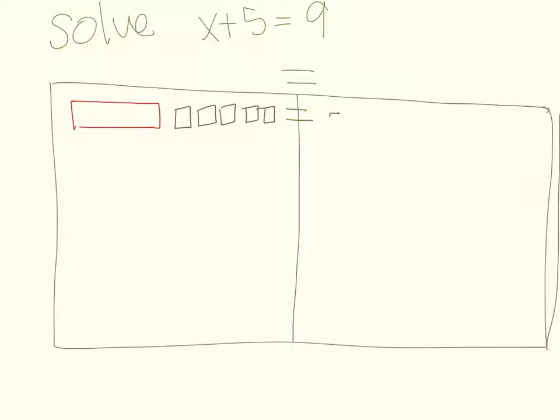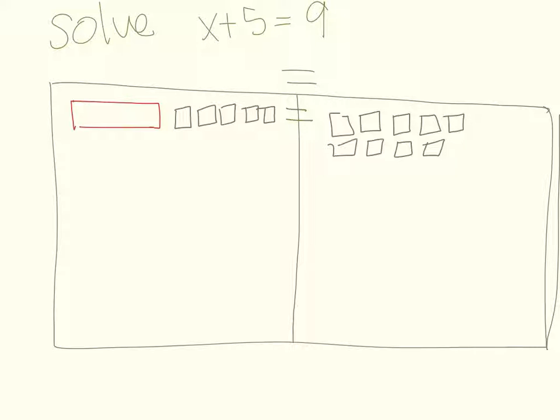I don't have any variables, so I'm just going to do 9 tiles: 5, 6, 7, 8, 9. Now once again, my goal is to have my variable tile, the large block tile, all by itself.